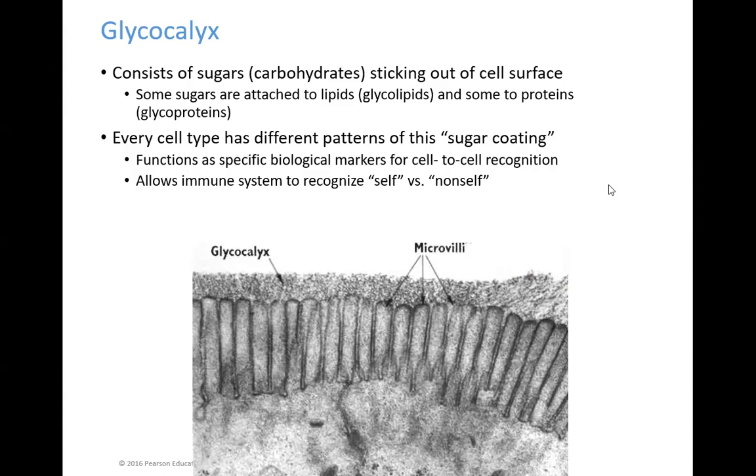And the glycocalyx structures are very, very tiny. What we're looking at here, the microvilli that you see on the illustration, those are those folds of tissue down there that look like a fence post, like a row of a fence along there.